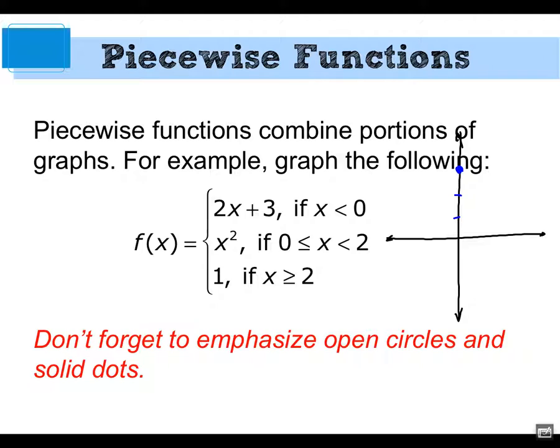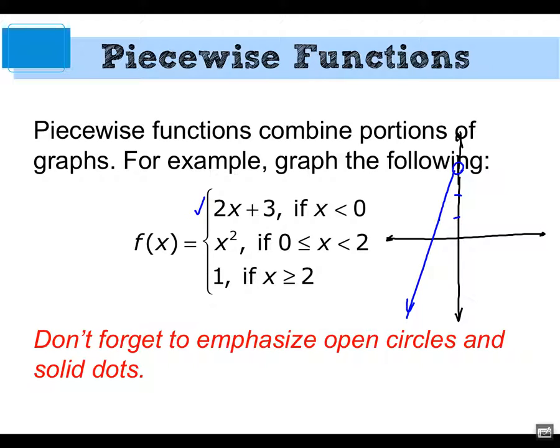Notice it says, uh-oh, what did I do wrong? I colored it in. That shouldn't be colored in. Why shouldn't it be colored in? Because it's not actually there. I don't want it included. So that should be an open circle. Down 2, over 1, solid dot. There we go. That takes care of that one.